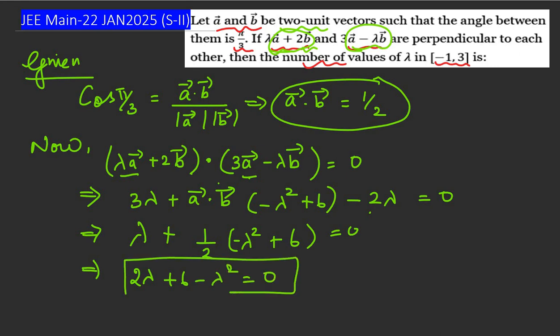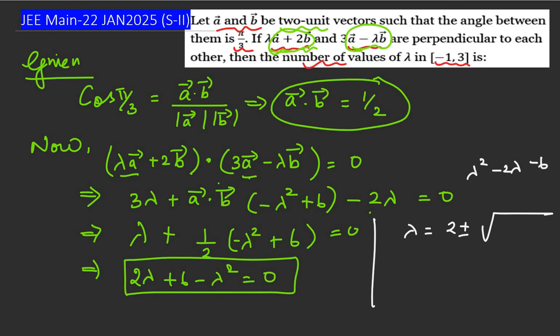Now finding the value of lambda, using the quadratic formula, minus b plus or minus root of b squared minus 4ac, all divided by 2. Here the equation is lambda squared minus 2 lambda minus 6 equal to 0.